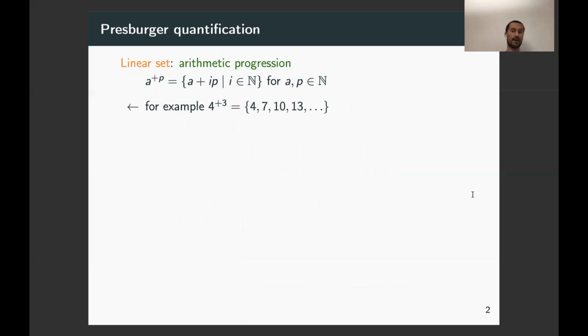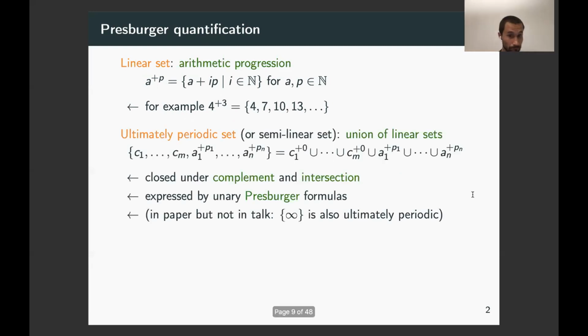Here N are the natural numbers. For example, 4 plus 3N is 4, 7, 10, 13, 16, 19, and so on and so on. Now we can generalize this to ultimately periodic sets, or semi-linear sets. They are finite unions of linear sets. And we write them as just a set rather than a union and omit 0 periods.